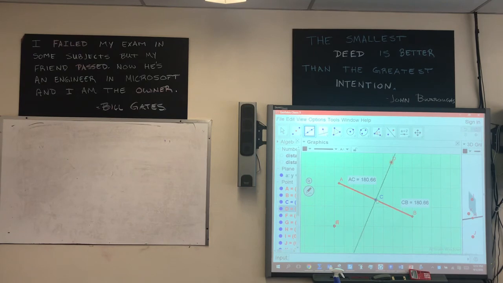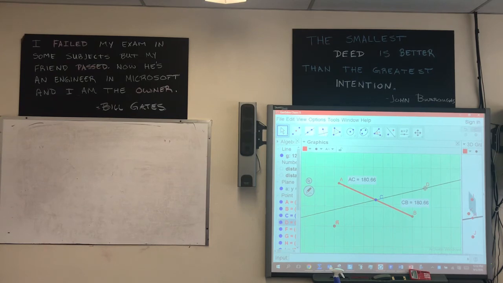And really, any line that passes through there, all of these lines would be segment bisectors. And if any one of those lines is a segment bisector, then any portion of that line that is going through the red segment is a segment bisector.